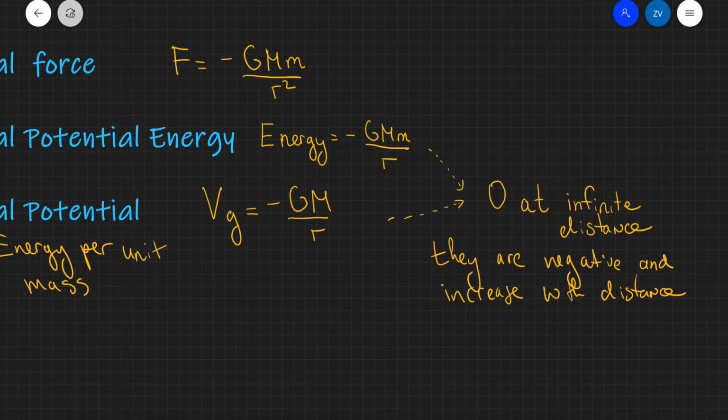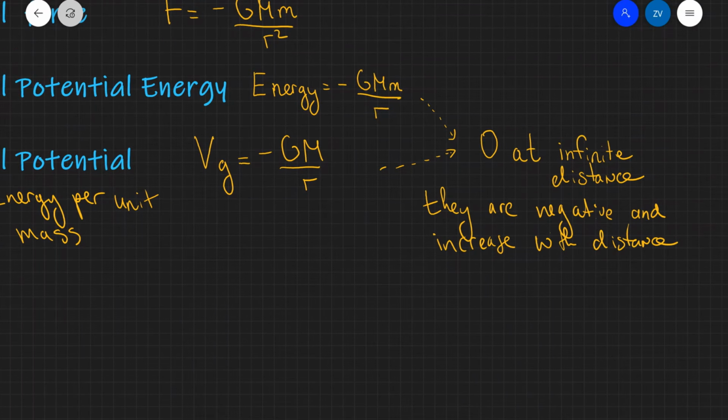For instance, if something is negative, it can increase. I can give you an example. We have minus 5, minus 4, minus 3, minus 2, minus 1, 0 at infinity. This is how it works with gravitational potential energy and the gravitational potential. They are negative numbers which start tending towards 0 as the distance tends towards infinity.